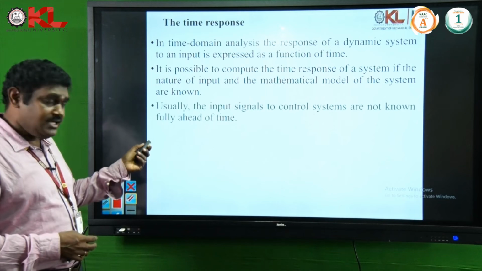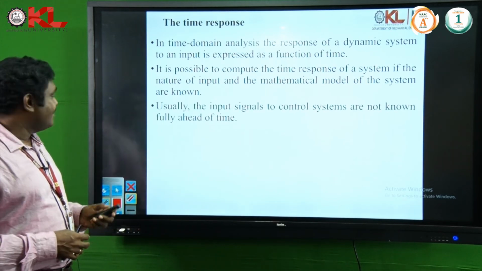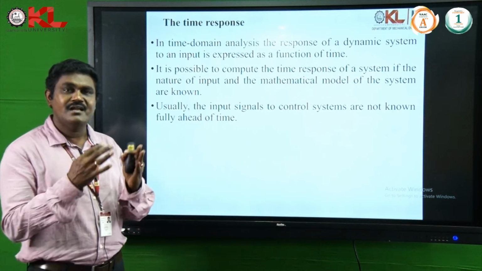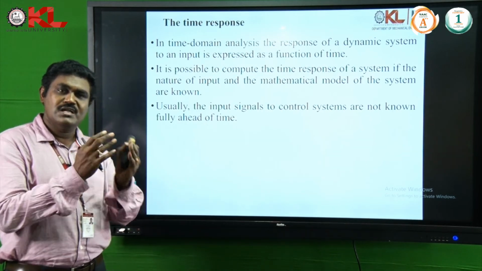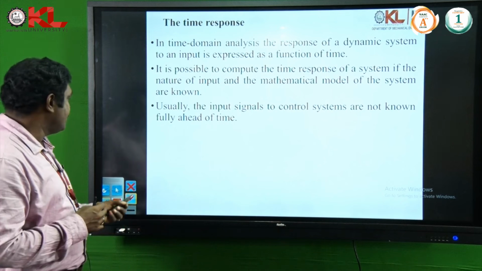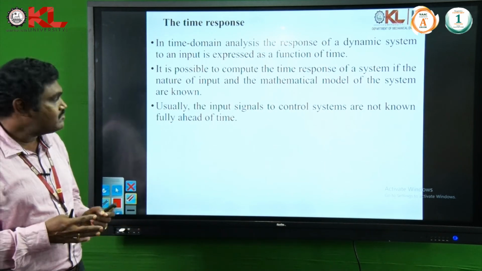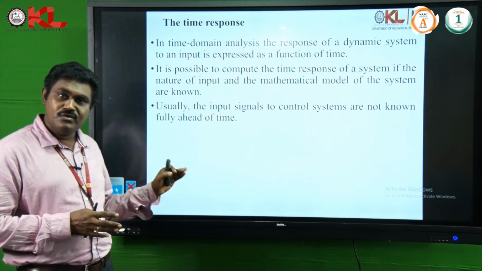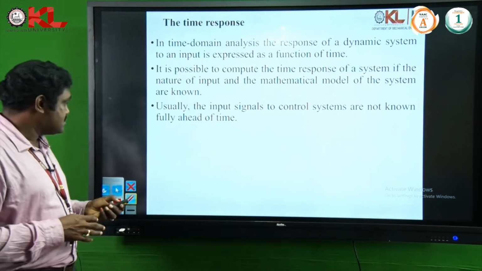Usually the input signals to control systems are not known fully ahead of time, so generally we go for the time analysis.